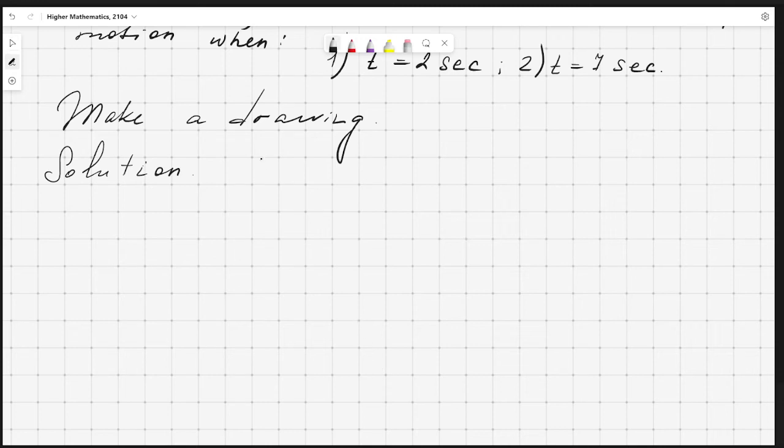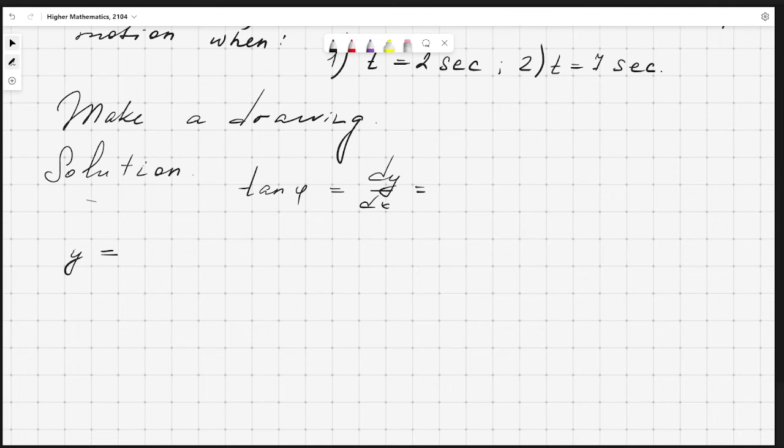Find tangent of phi equals dy over dx. Maybe I write down y.